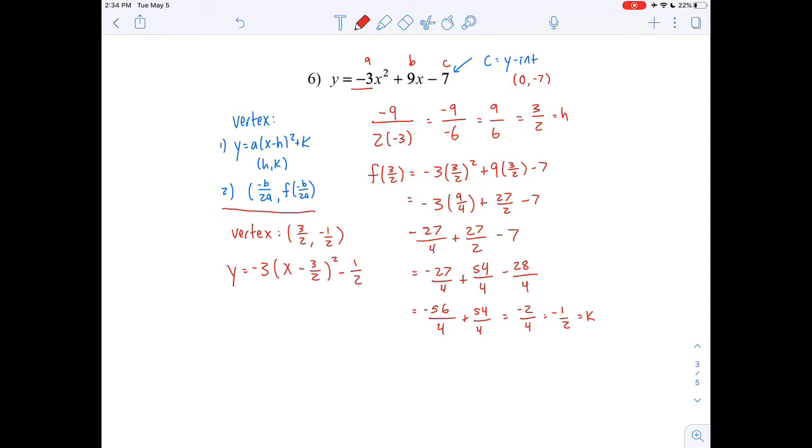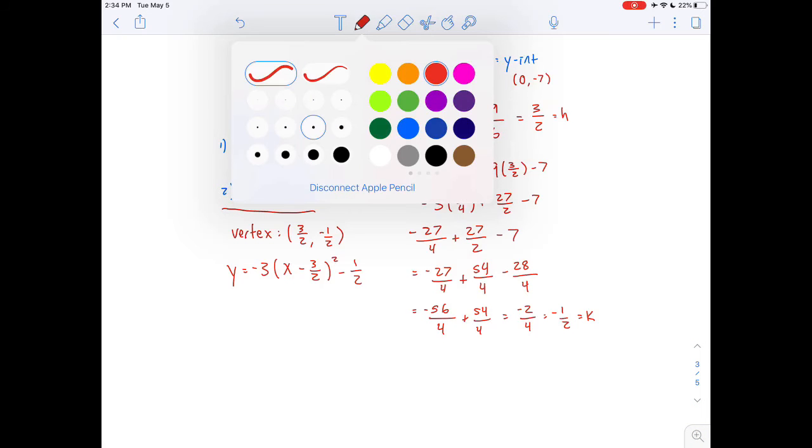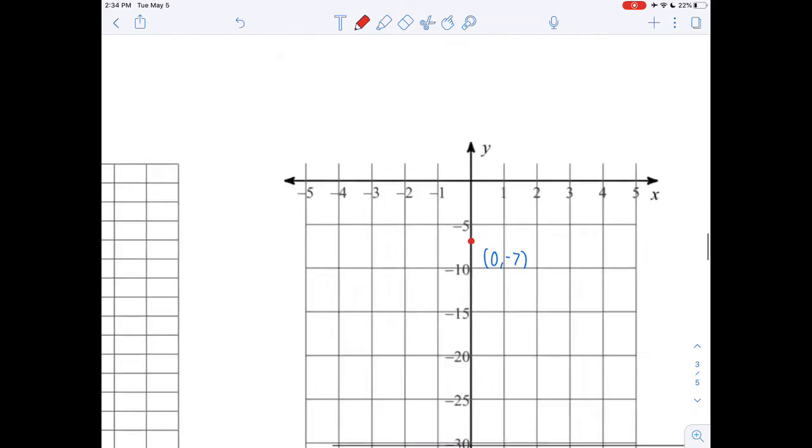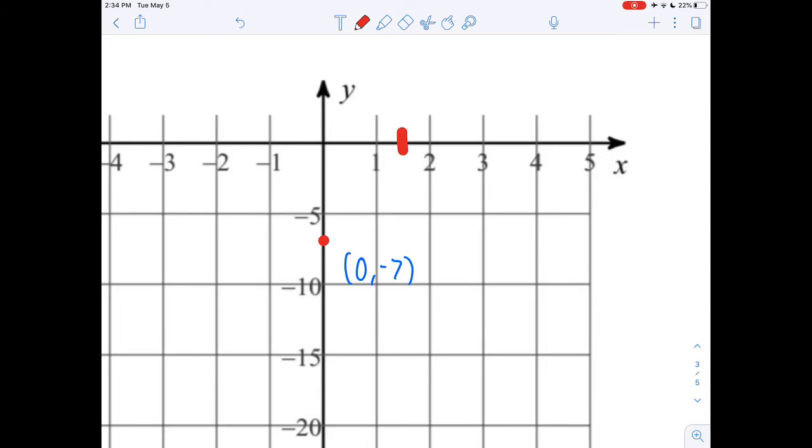So if my vertex is 3/2, comma, -1/2, let's actually graph what that point looks like here. 3/2 is just 1/2, and if it's -1/2 for our output, we're going to have a point right around there. And if this is my vertex, I can actually label that and say that this would be at 3/2, comma, -1/2. And that'll be that point there.